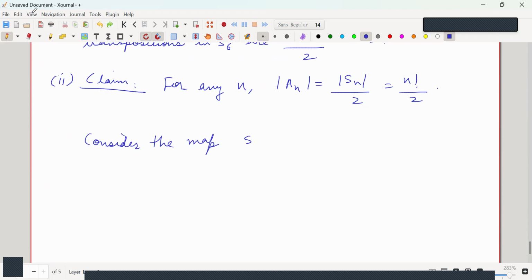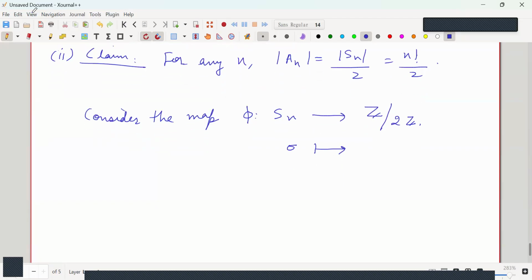No. Let me just go with phi, from Sn to Z2, or Z mod 2Z. But sigma is mapping to, what should be the map?